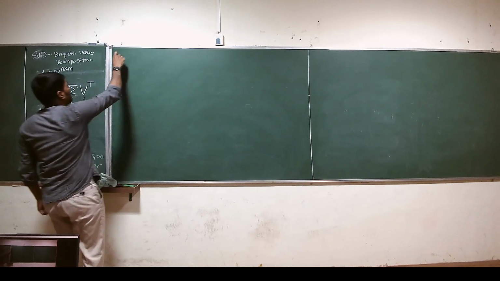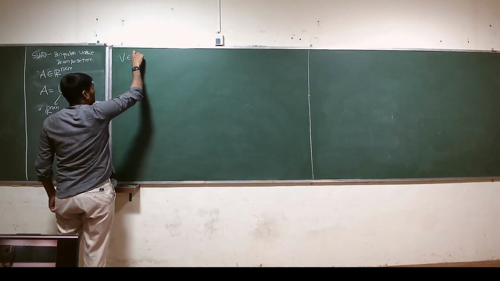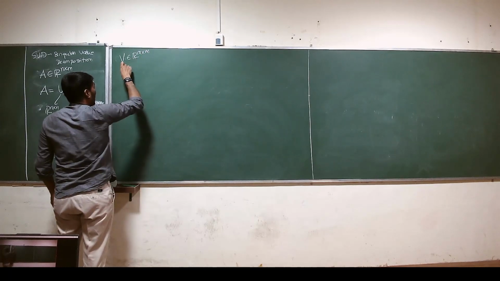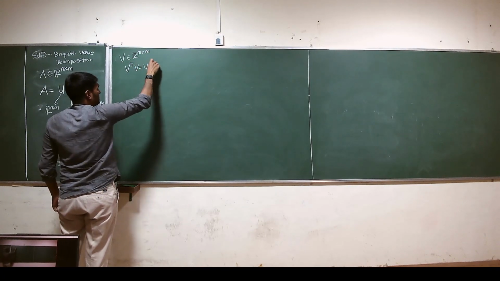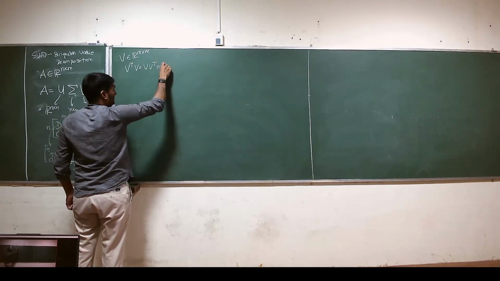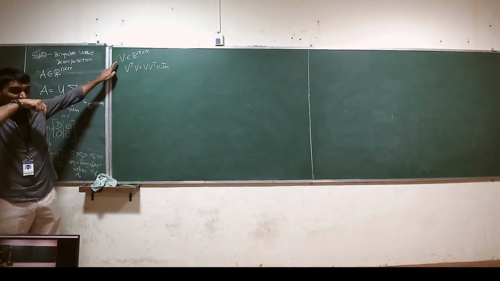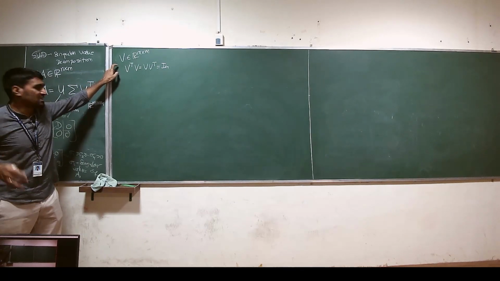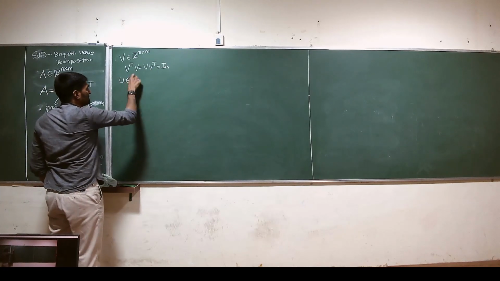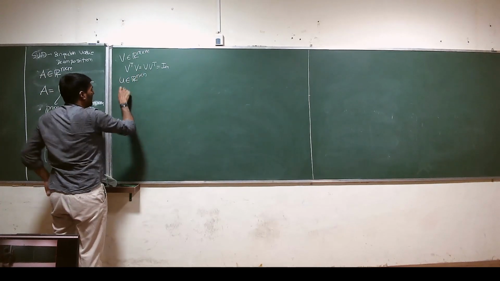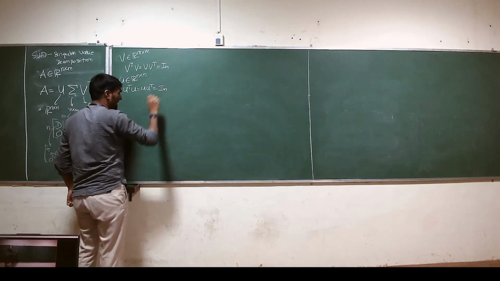Okay, V is an m cross m matrix, and V transpose V is I m. V is an orthogonal matrix. That means the columns of V form an orthonormal basis for Rm. Okay, and U is n cross n, and U transpose U is I n.